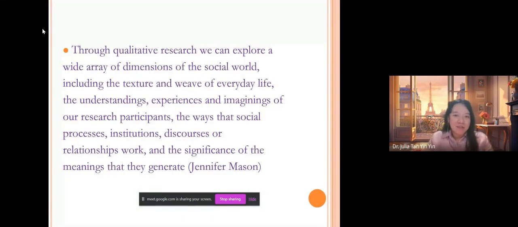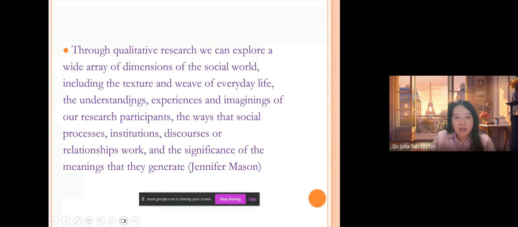Through qualitative research, what can we find? We can explore a wide area of dimensions of the social world, including the texture of everyday life, the understandings, experiences, and imaginings of our research participants.